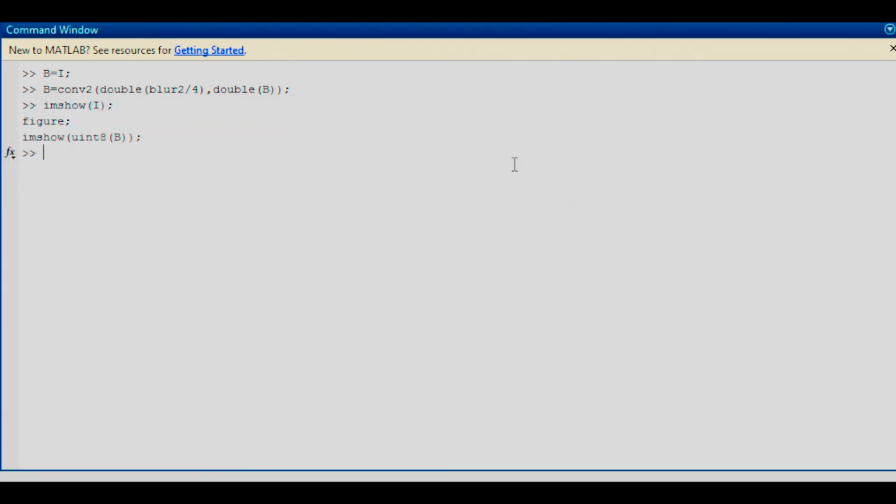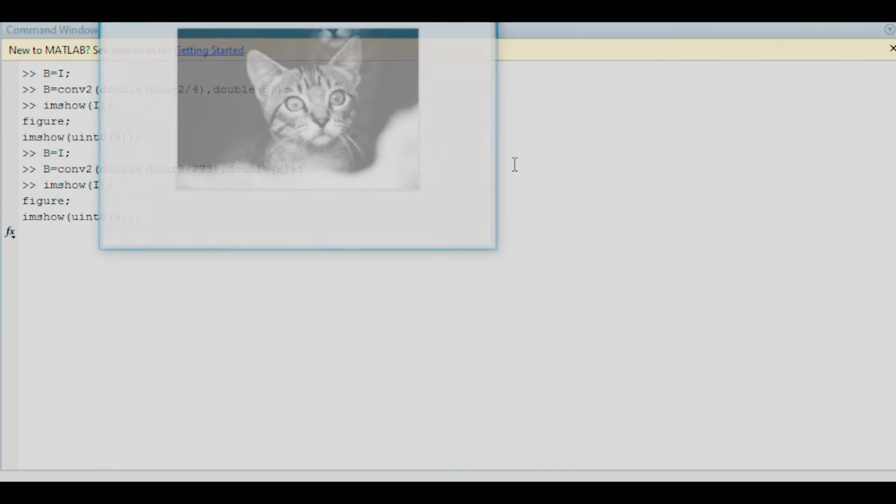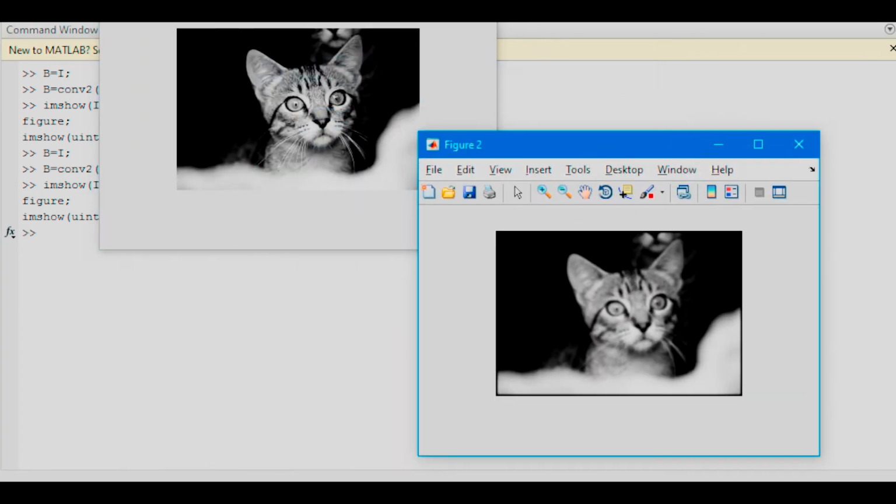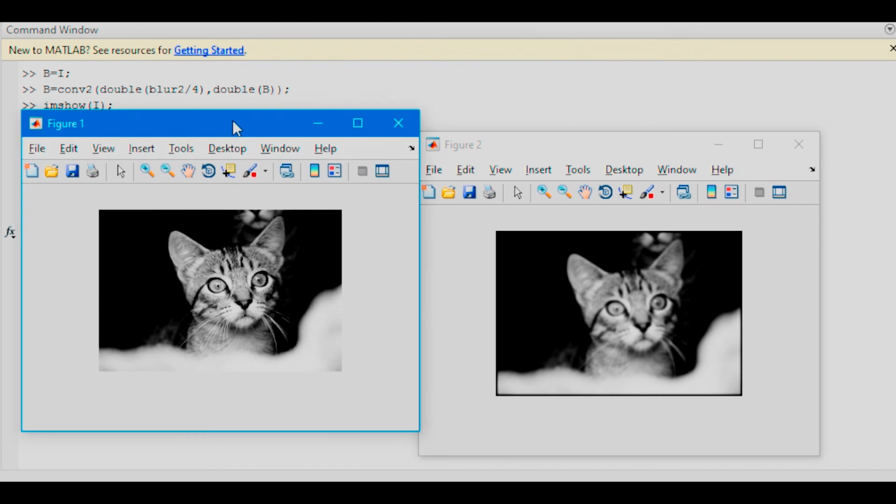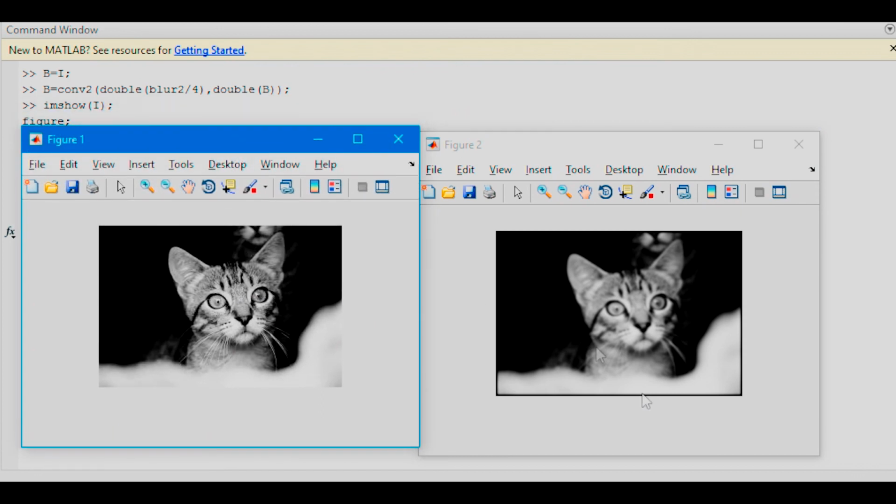Talking about the third blur matrix, you can clearly see that the blur has increased significantly because the standard deviation of the blur 3 matrix was 1, which was larger than the previous 2 matrices, and so the image has got more blurred than with the previous 2 matrices.